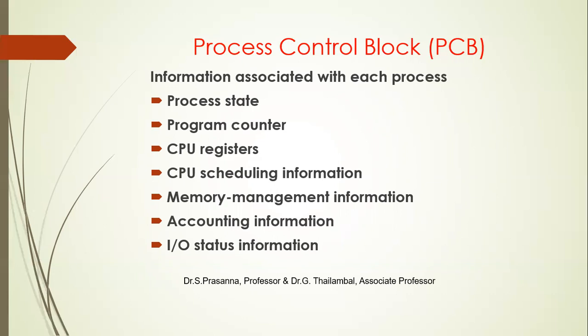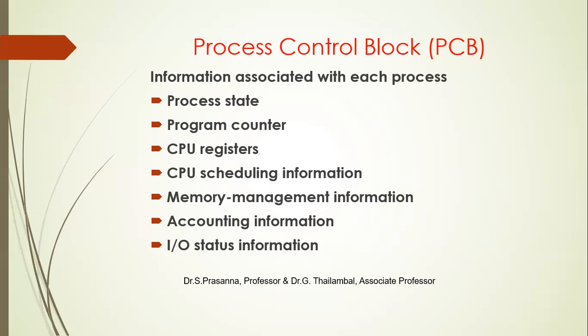Accounting information is nothing but whether the process is completed or not. That information will be placed in the accounting information. IO status information: whether the process has taken any input output, needs any input output, or has already requested any input output device. All that information will be placed in IO status.